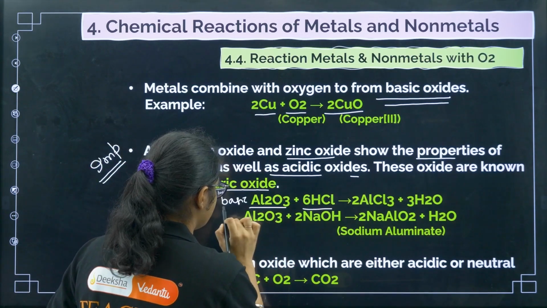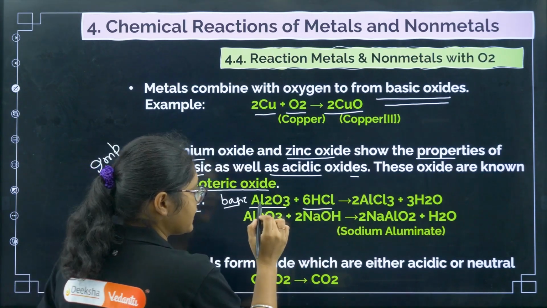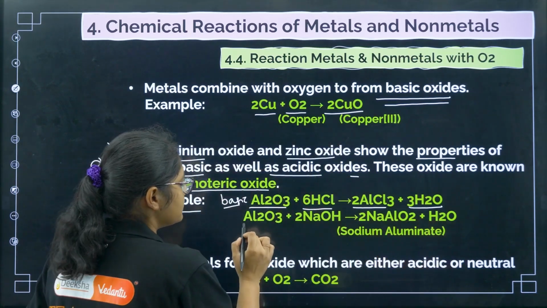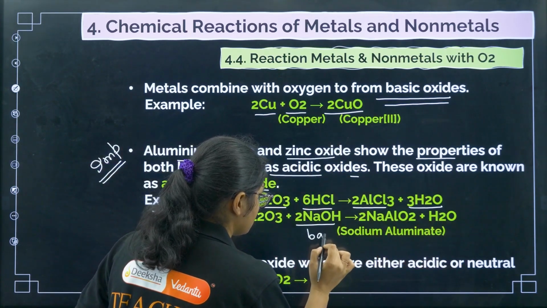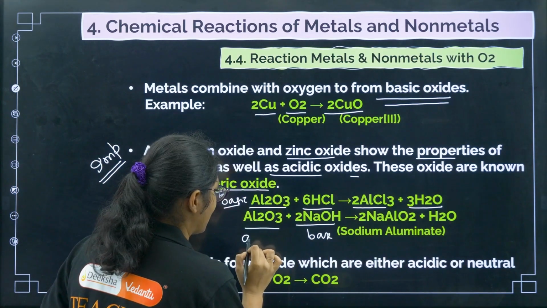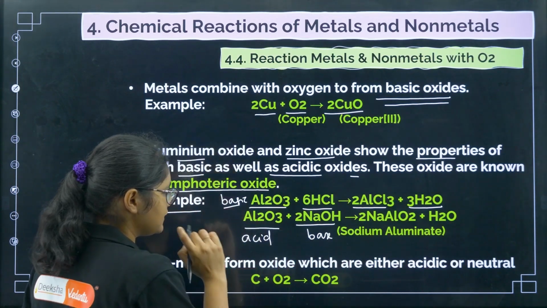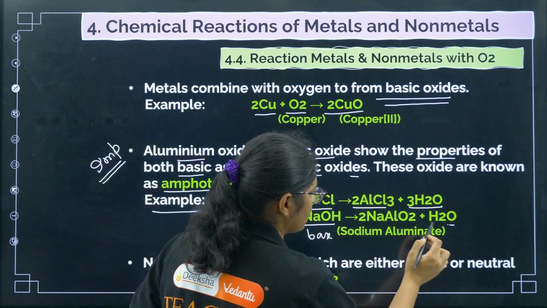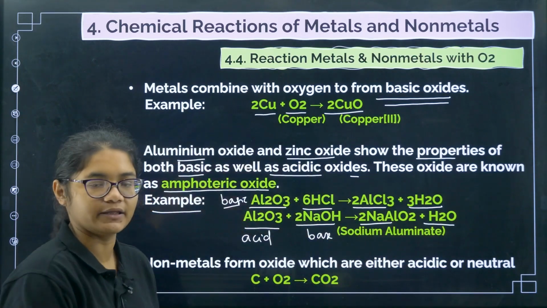It is reacting with an acid, so we will get a salt, that is aluminium chloride and water. Now if it is reacting with a base, this one is behaving as an acid here. Here we will get sodium aluminate, that is NaAlO2, and water. Okay, neutralization reaction is happening here.